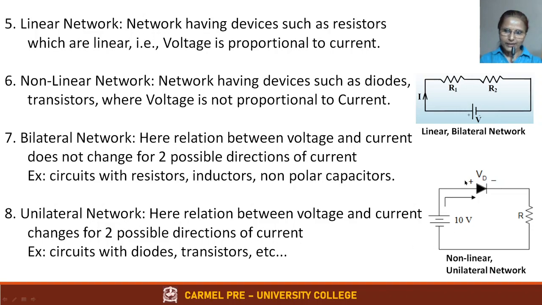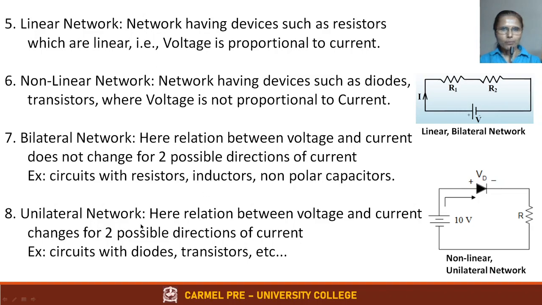If the current is in one direction, the relation is one thing, and if it flows in the opposite direction, it is going to be different. So such circuits are called unilateral networks. Wherever diodes and transistors are there, it's going to be like that.